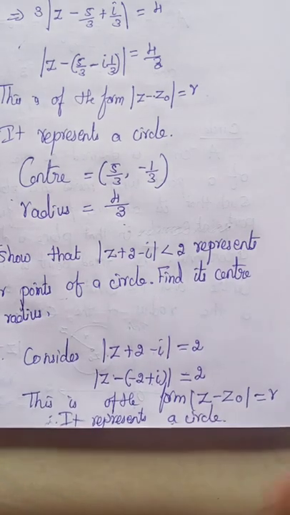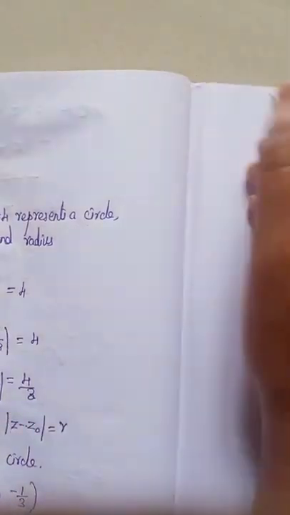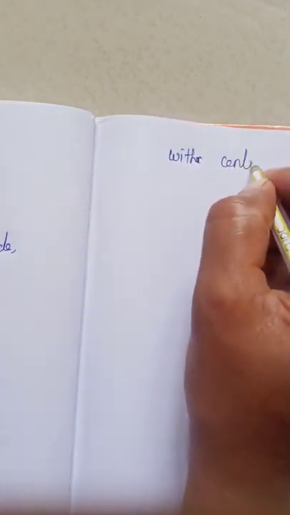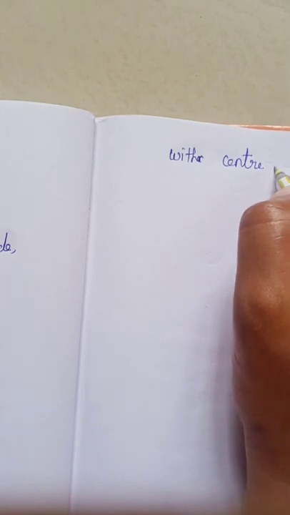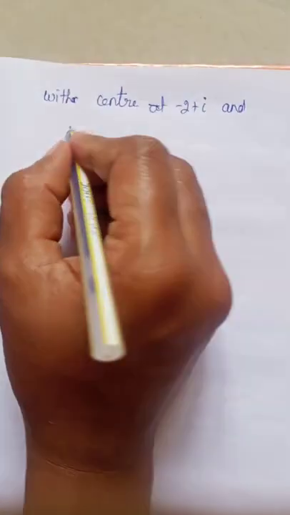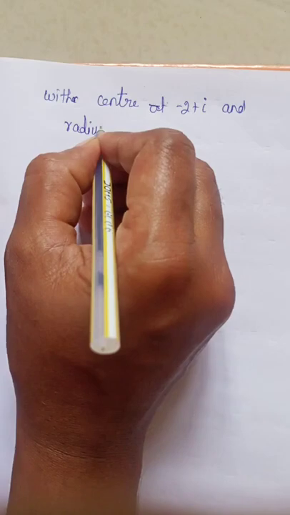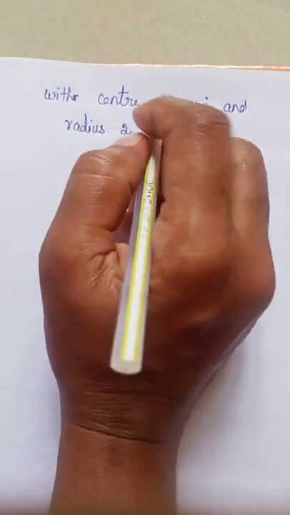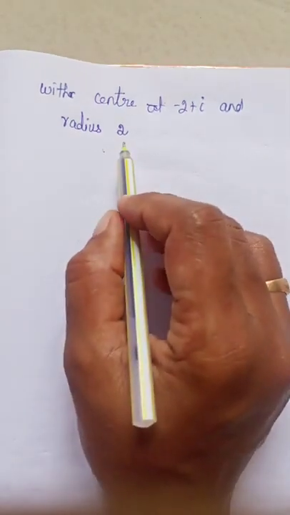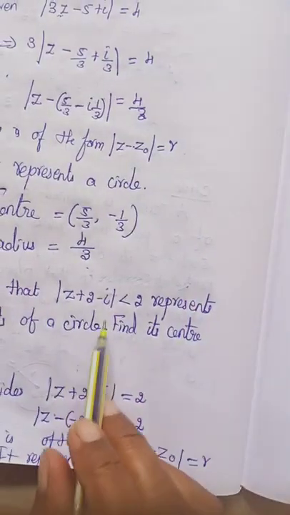It represents a circle with center at minus 2 plus i and radius 2. Isn't it? Here the question also asked with less than 2. Therefore, what we can say?